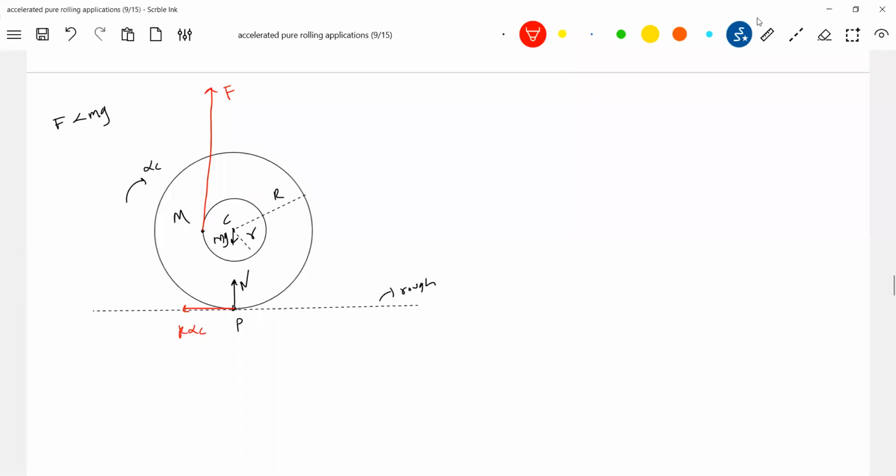For no slipping, there must be acceleration of the center of mass towards the right. Who can provide that acceleration of the center of mass? The friction. So what equations can you write? F equal to M A_C. Then the torque equation: F into small r is equal to I_C alpha_C. The condition for no slipping: A_C equals R alpha_C.